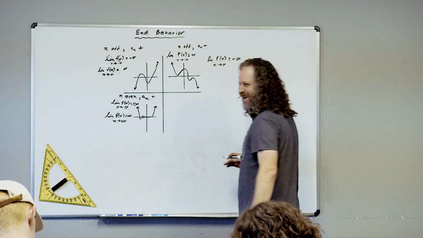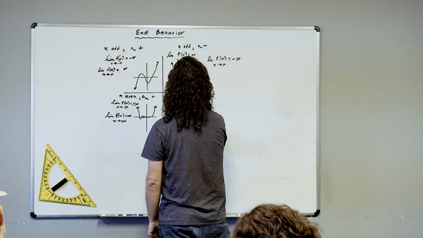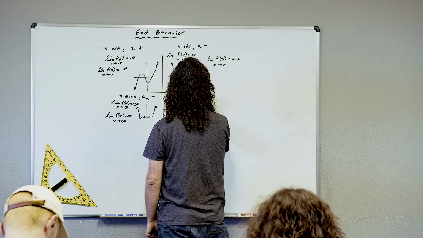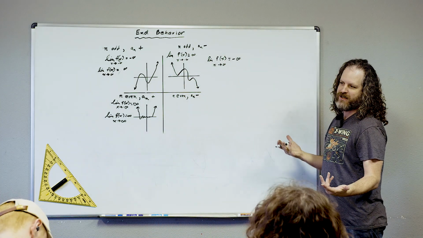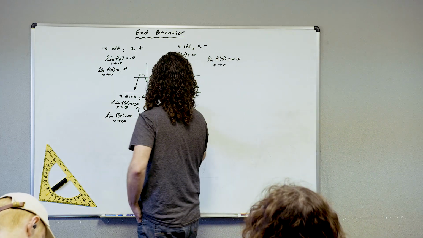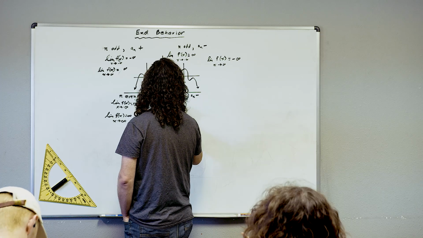If n is even and a sub n is negative, what are these going to be? Negative, negative. They're both going down. So if n is odd, they go in opposite directions. If it's even, they go in the same direction.